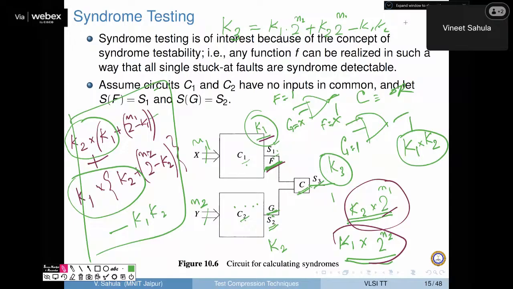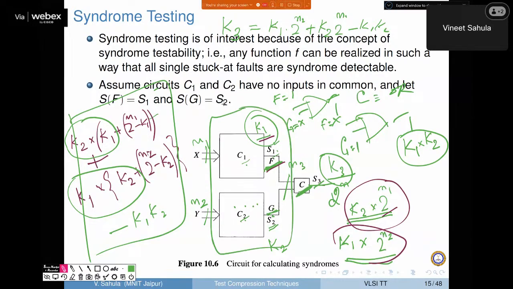Right? So what is the syndrome now? Syndrome is K3 divided by the number of minterms. The total inputs could be n1 plus n2. If I take this complete circuit now, my total number of minterms will be 2 to the power n1 plus n2.